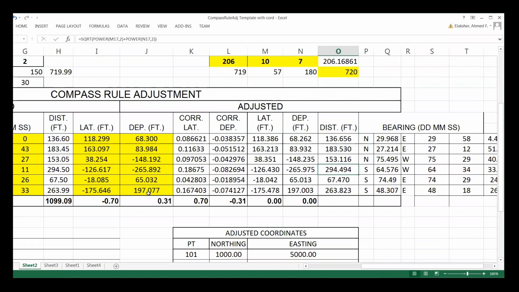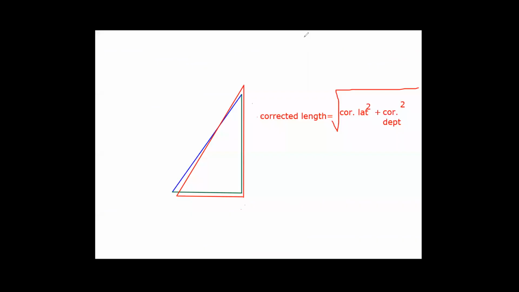The other thing that happened also, if you noticed, back to my sketch here. The blue line here, which is the original line, or the original latitude and departure, had a bearing.